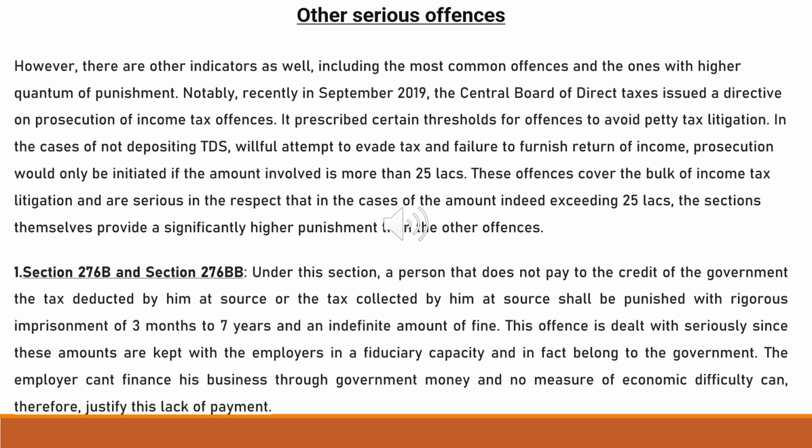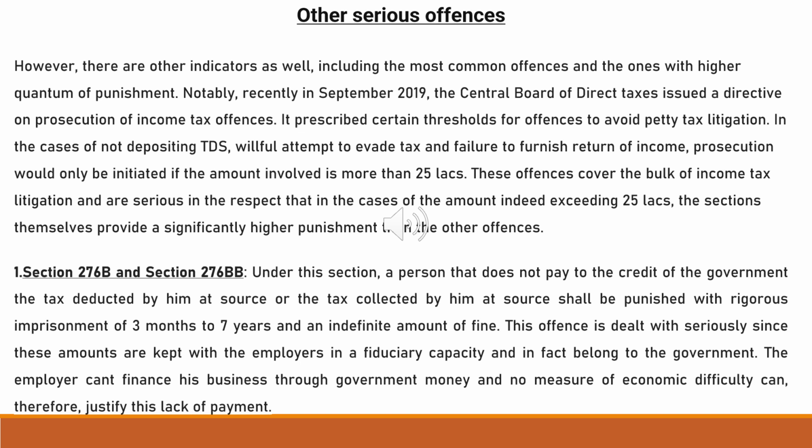However, there are other indicators as well, including the most common offences and the ones with a higher quantum of punishment. Notably, in September 2019, the Central Board of Direct Taxes issued a directive on prosecution of income tax offences. It prescribed certain thresholds for offences to avoid petty tax litigation.